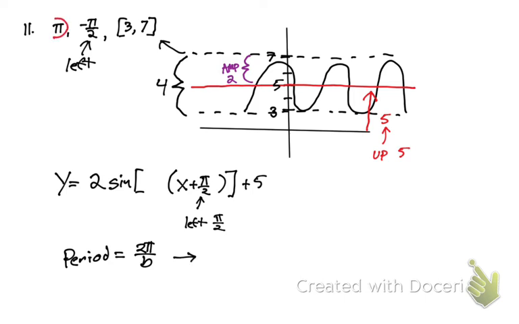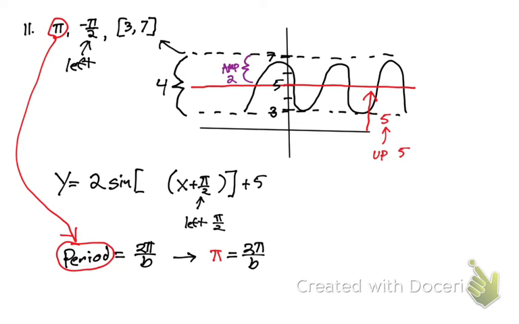So I'm going to rewrite this equation. I'm going to take that pi value they gave me for the period and fill that in for the period. So now I have pi equals 2 pi divided by b. It's going to equal 2.